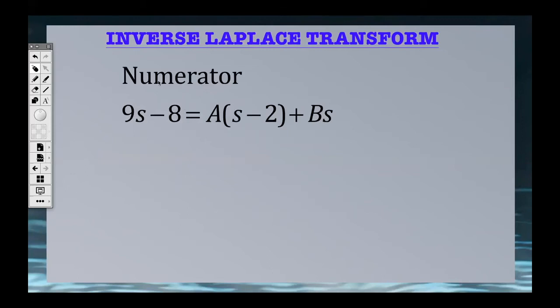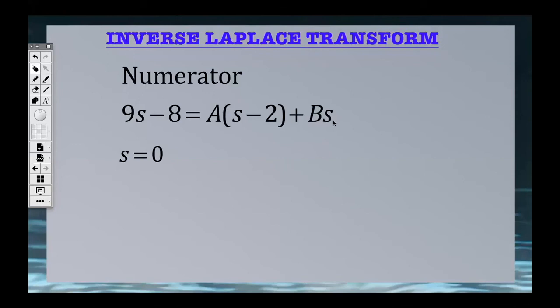Here we have the numerator. We are going to use a trial and error method where we substitute values of s to make one side be 0 and the other side we have a value so that we can solve for the unknown, which is A or B. So in other words, let s be 0.